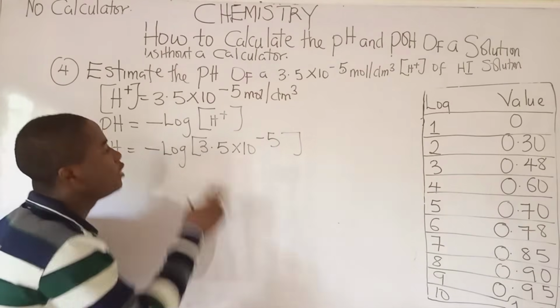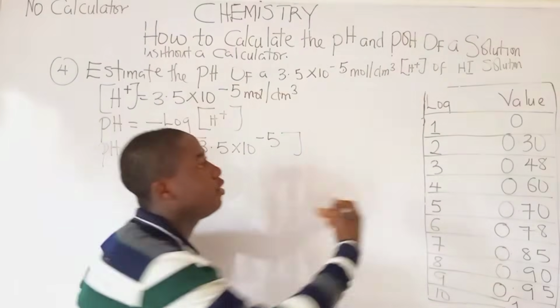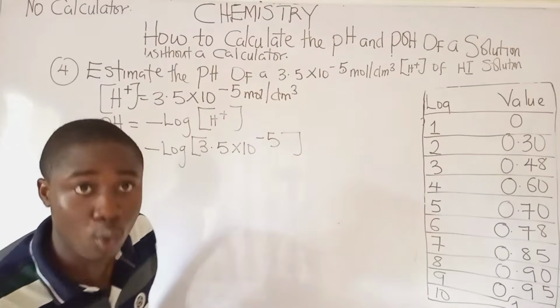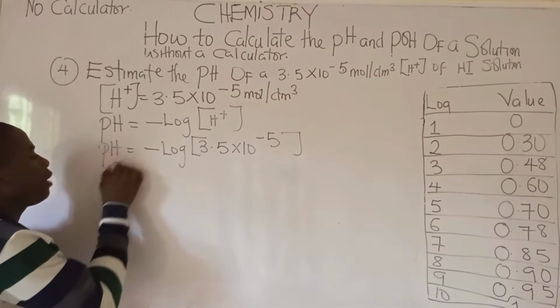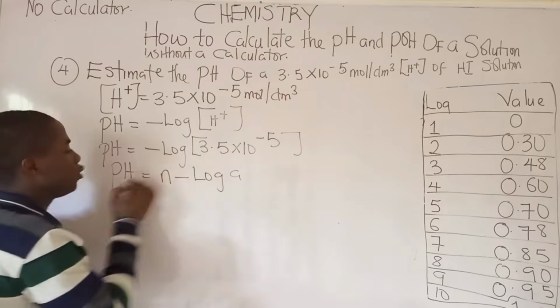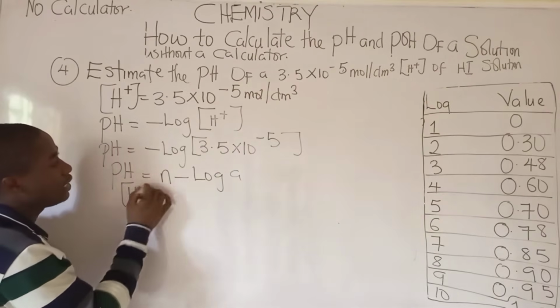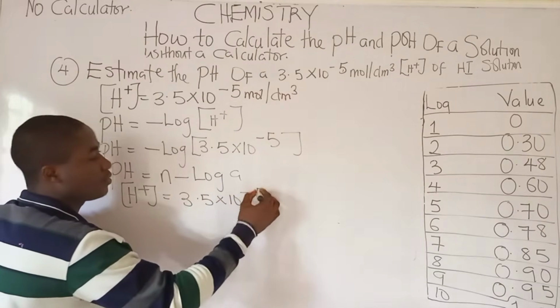But if you check the logarithm table here, do we have log 3.5? No. But hold on. You know already I said we use another alternative formula, which is pH is equal to n minus log a. So we bring the H plus down and it becomes 3.5 times 10 to the power minus 5.